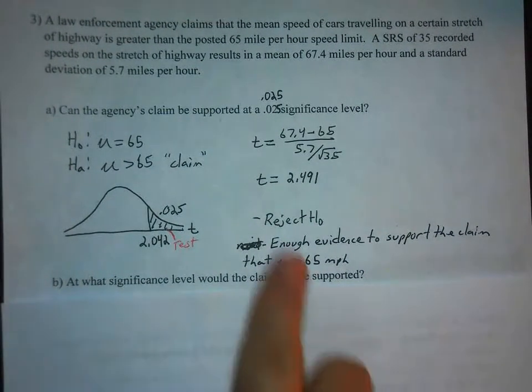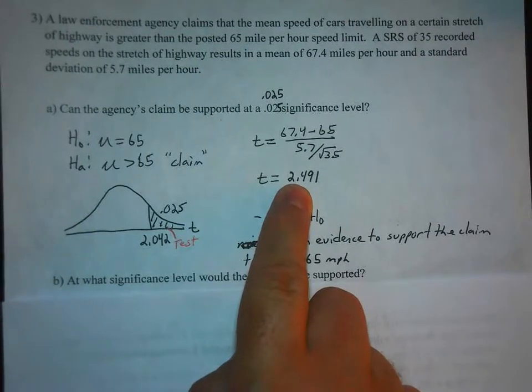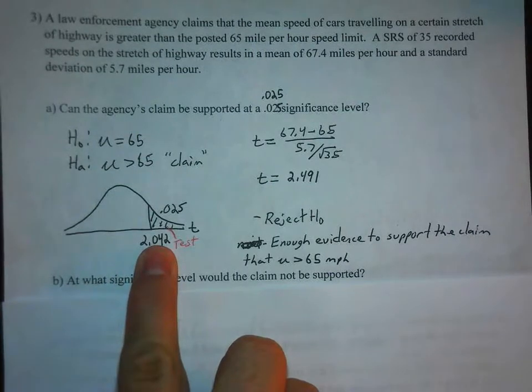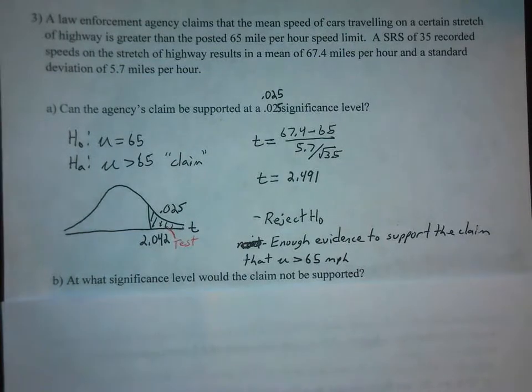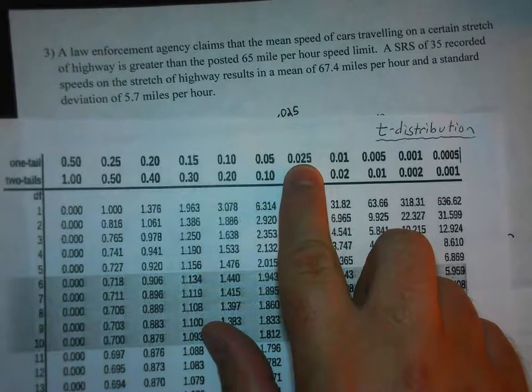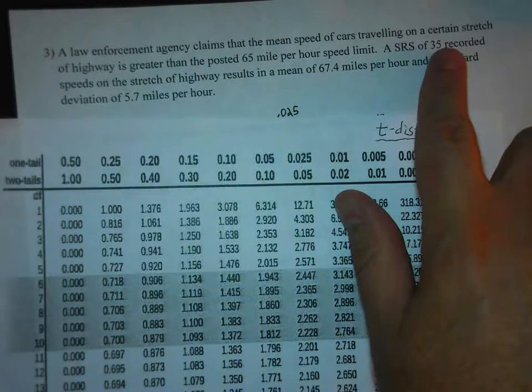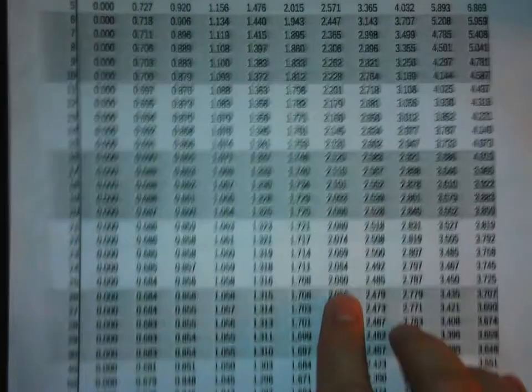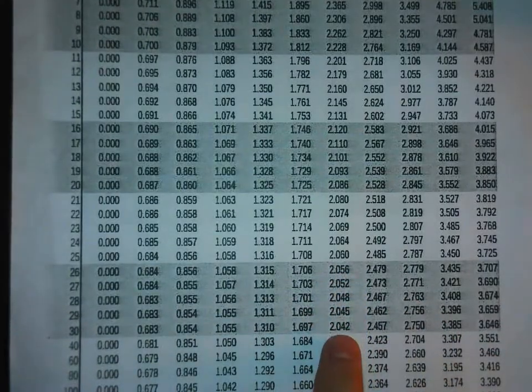Okay, so this one, you end up with a test statistic of 2.491, which ends up being to the right of 2.042. So that 2.042, if you look up 0.025 in one tail, and then down to 34 degrees of freedom, you have to go to the 30 degrees of freedom to get the 2.042.